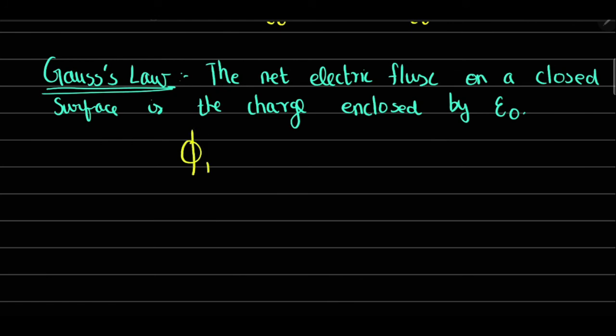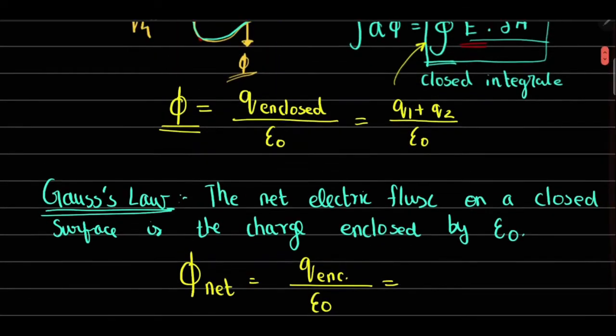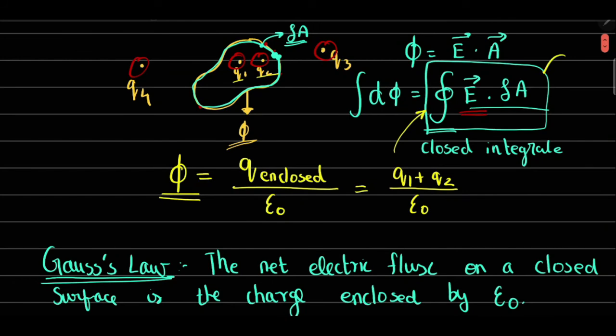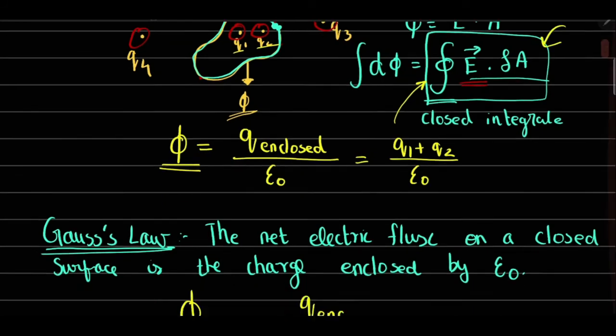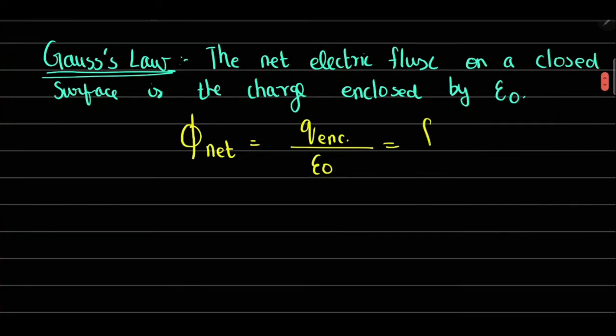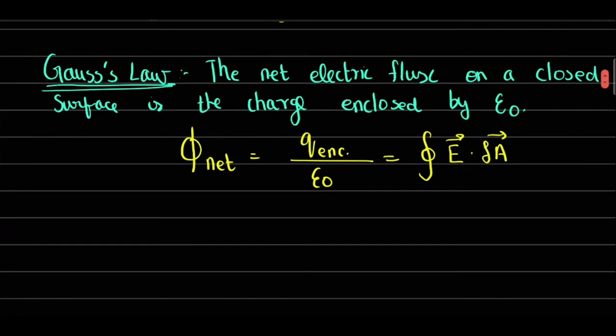Net flux is equal to Q enclosed divided by epsilon naught. We can also write this net flux in the way we first tried: net flux is equal to the closed integral of E vector dot dA vector. This is in vector notation because it is a dot product. So this is the definition of Gauss law.